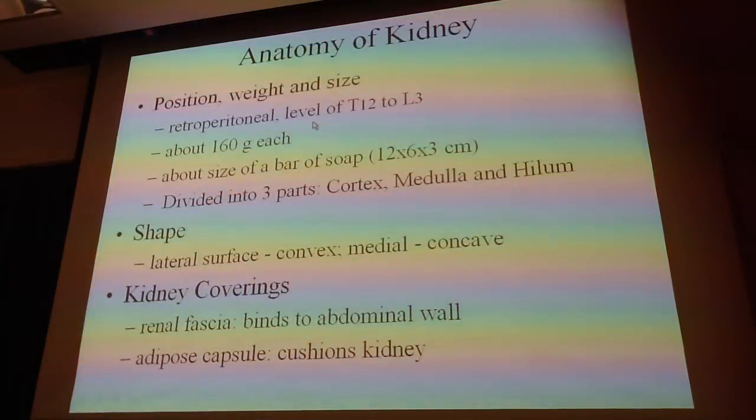That's why when you have bleeding and stuff in the kidneys, it kind of fills up the area around the pelvic area. And then this level of T12 to L3, this is so that when you're positioning the gamma camera, normally most people just put a little radiation source over the umbilicus, and then they put that in the center of the gamma camera, and that way they pretty much have the kidneys there.